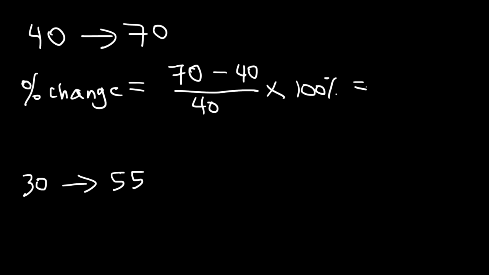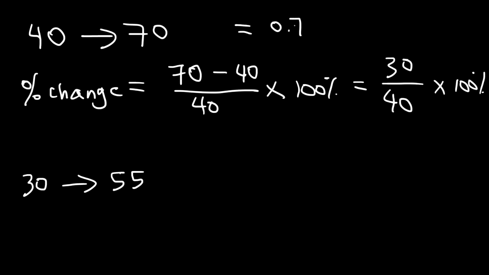So 70 minus 40 is 30. And 30 divided by 40, that's the same as 3 divided by 4. That's equal to 0.75. And if you multiply 0.75 by 100%, this will give you positive 75%. So that represents a percent increase.